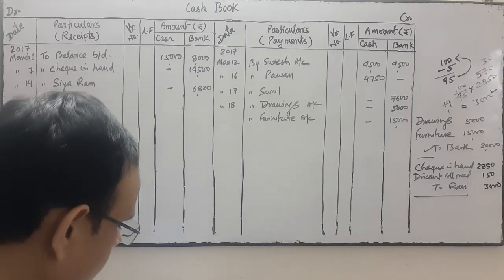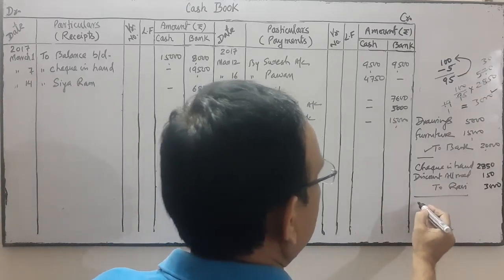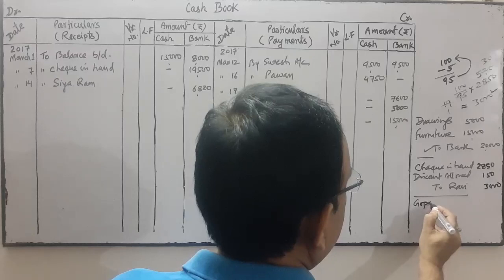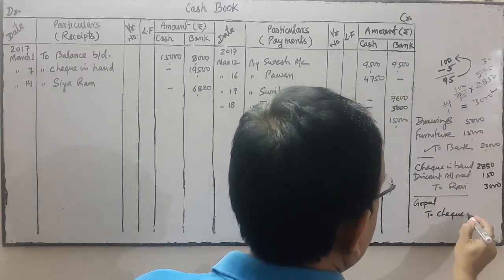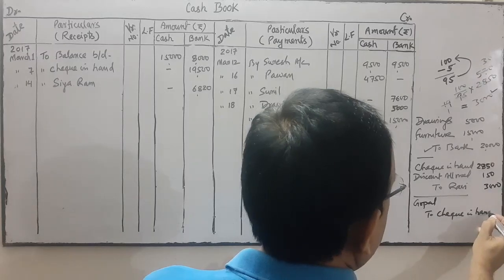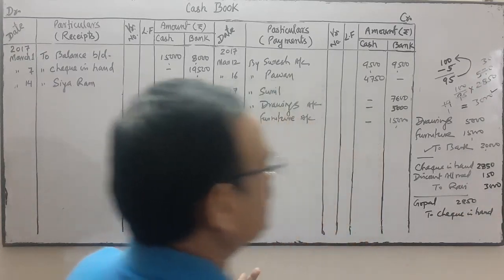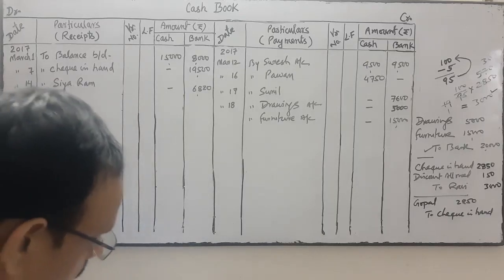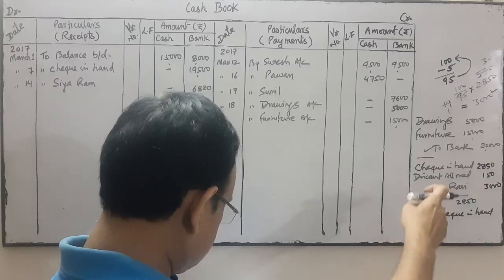And the cheque was endorsed to Gopal on 22nd. This cheque is endorsed to Gopal: Gopal account debit to cheque in hand. This entry will also be recorded by us in the journal proper. Okay, these two entries. Date is which date?